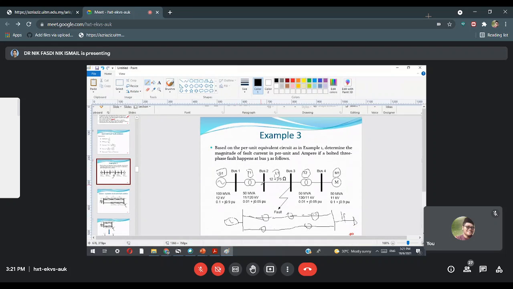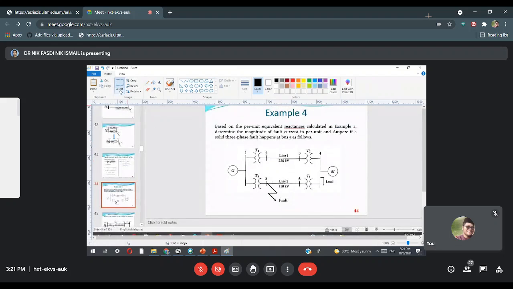Alright, so what happens is, when the fault occurs here, it doesn't matter where, it's the same. Let's say the fault at bus 5, same concept, you have to draw one common bus.